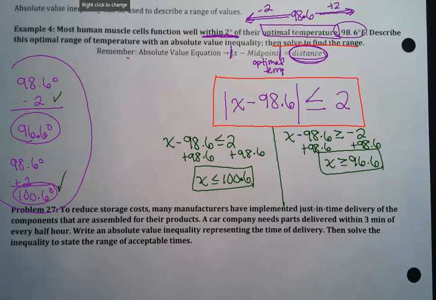If I graphed these, just like up here, our x is somewhere in between here and here, so it's a combined conjunction. Our combined conjunction for this would be 96.6 degrees Fahrenheit is less than or equal to x, which is less than or equal to 100.6 degrees Fahrenheit.